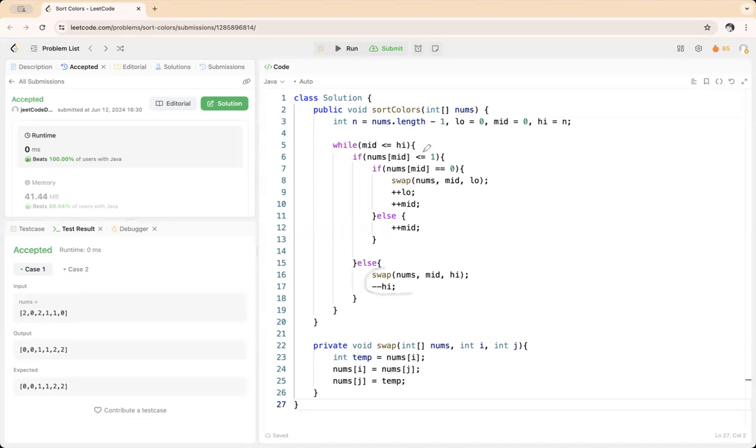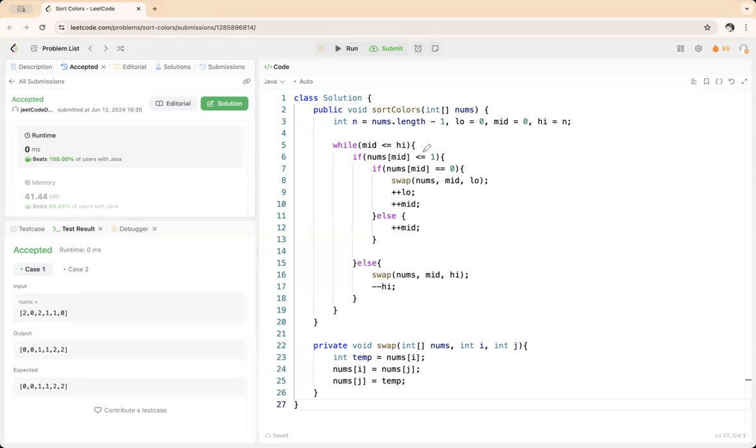Mid is the boundary line after which or below which all zeros and ones have to lie. So once we are swapping nums of mid, where mid is pointing to 0, with low, then we have to increment low, because low now has to point to a new index where the next 0 will come.